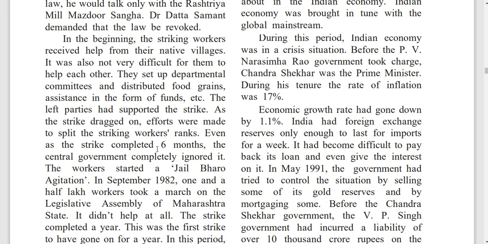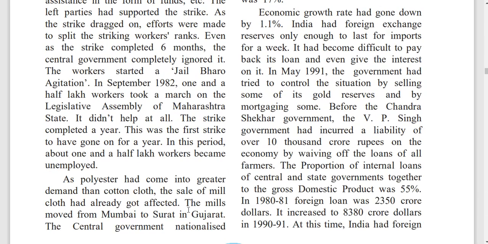Even as the strike completed 6 months, the central government completely ignored it. The workers started a jail bharo agitation. In September 1982, 1.5 lakh workers took a march on the Legislative Assembly of Maharashtra state. It didn't help at all.